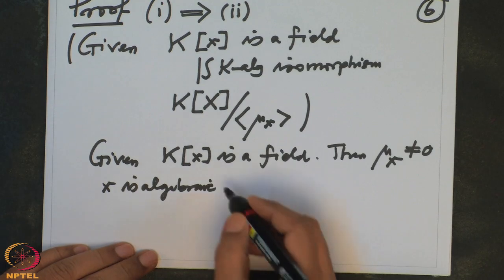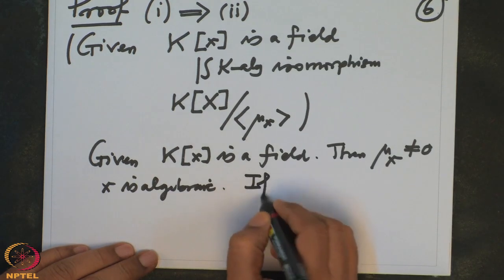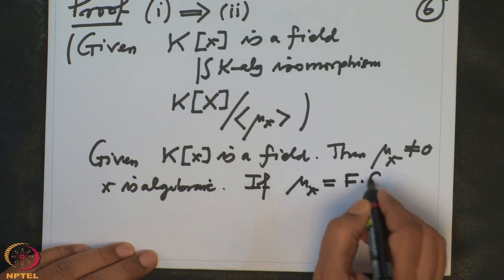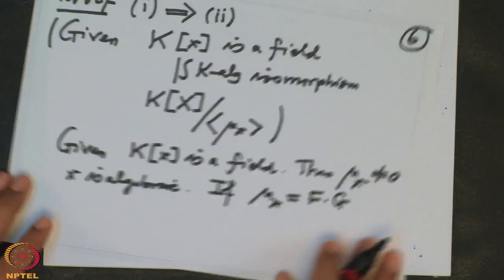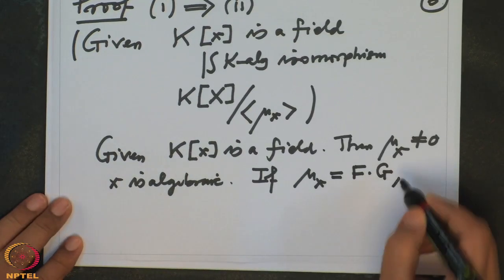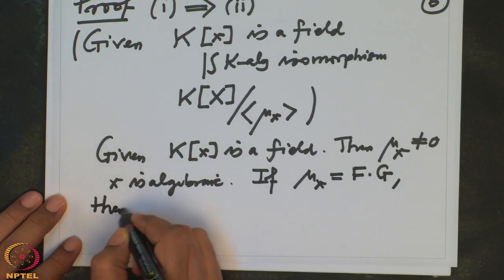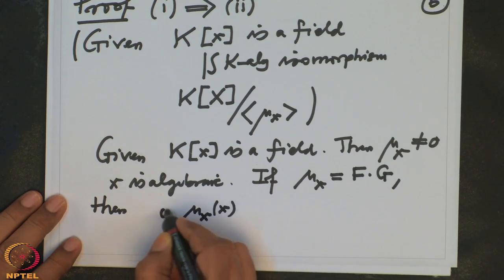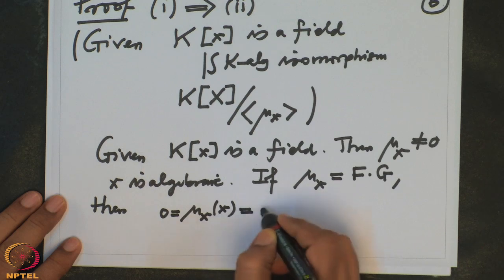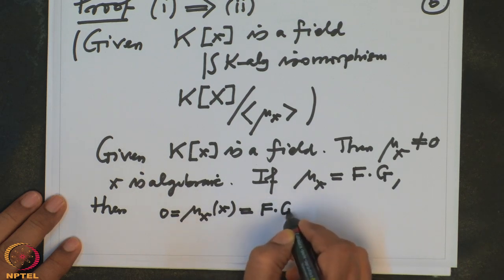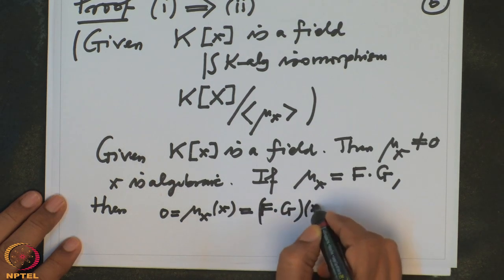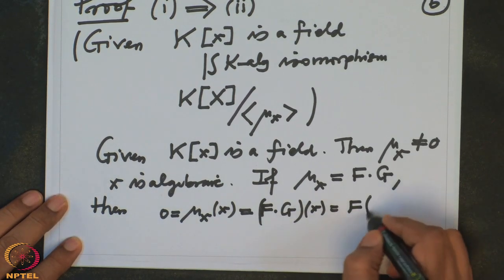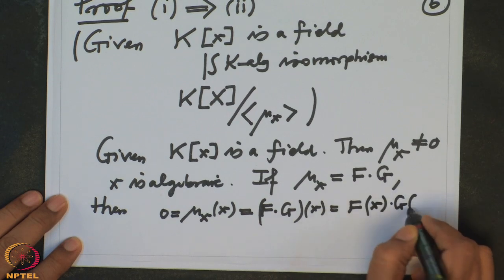Also, now I want to prove that it is a prime polynomial. Suppose mu_x splits into two factors f times g, then what do we know? Then mu_x evaluated at x is 0, that is by definition of mu. So this will be (f times g) evaluated at x, but because evaluation is an algebra homomorphism, this is f(x) times g(x).